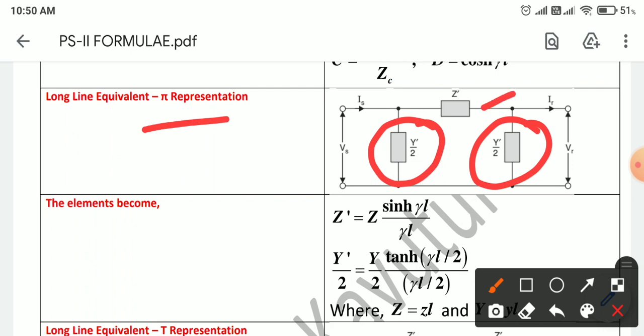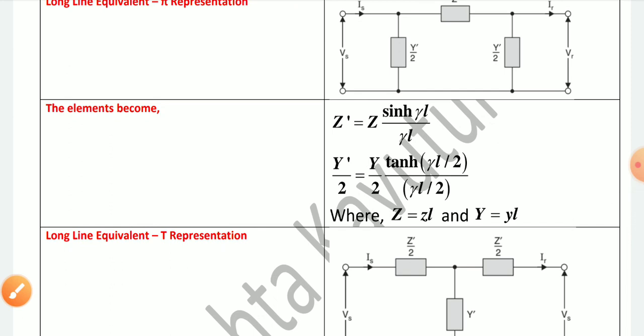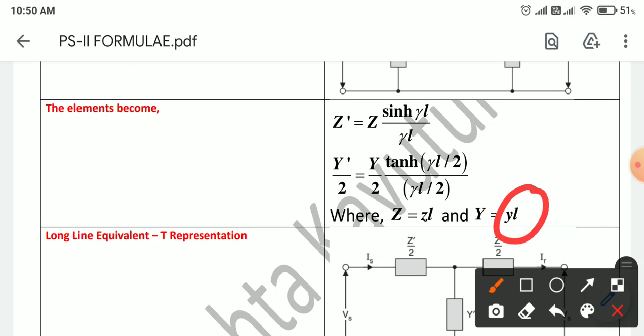So Z dash is equal to Z into sinh gamma L by gamma L, and Y dash by 2 is Y by 2 into tanh gamma L by 2 by gamma L by 2, where capital Z is small z into L and capital Y is small y into L, where L is the length of the transmission line, and small z and small y are the impedance and admittance per unit length.